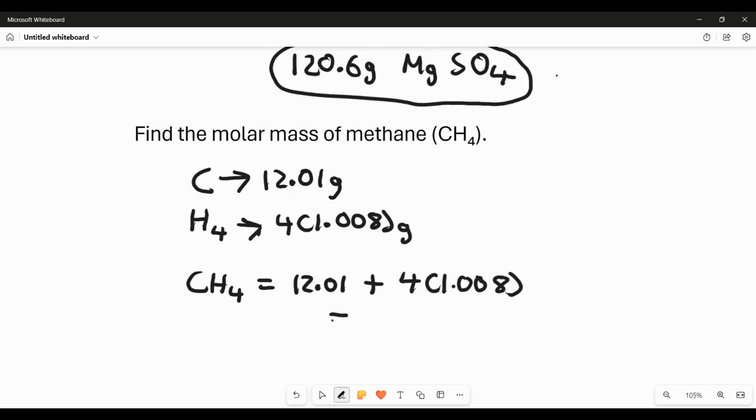So you need to get all of them individually and then add them up. That gets us 16.042. And again, remember, this won't be the exact value. In the next lesson, we'll go over significant figures. So for right now, for CH4, the molar mass is 16.042 grams.